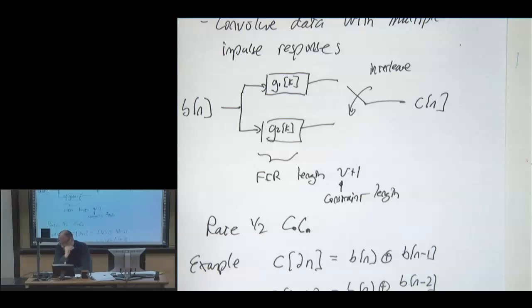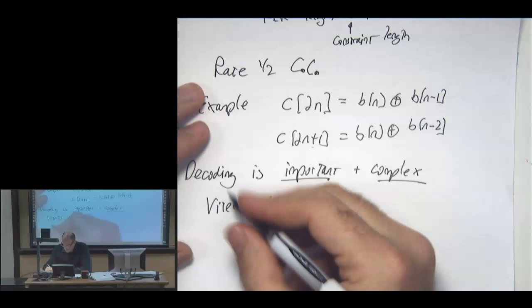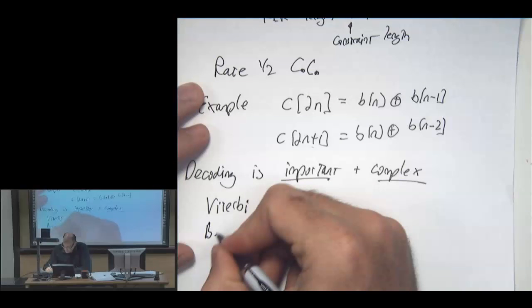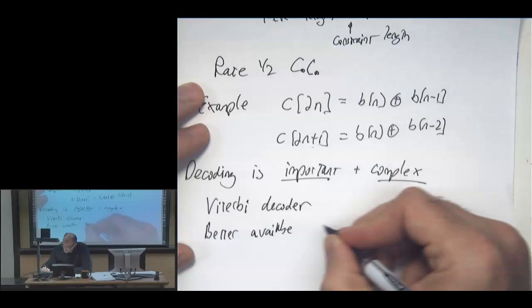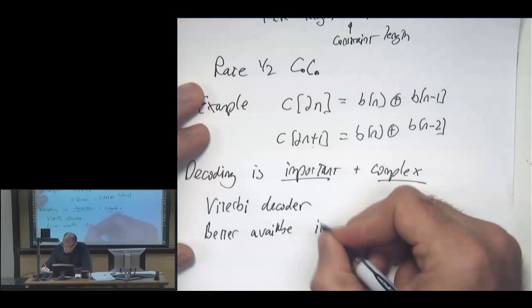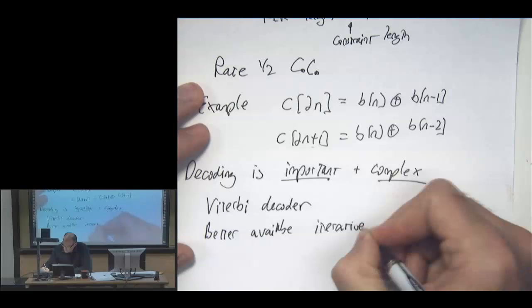But it is important. So that's the Viterbi decoder, and then there are other better decoders as well. Some of these are used in other kinds of codes, called iterative decoders. So that's convolutional codes.